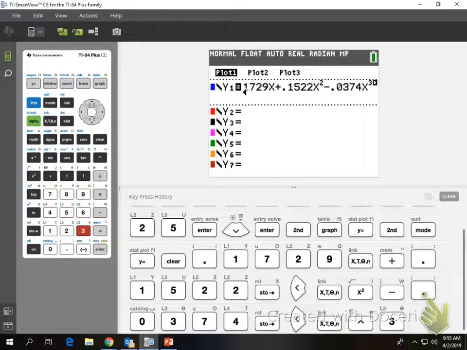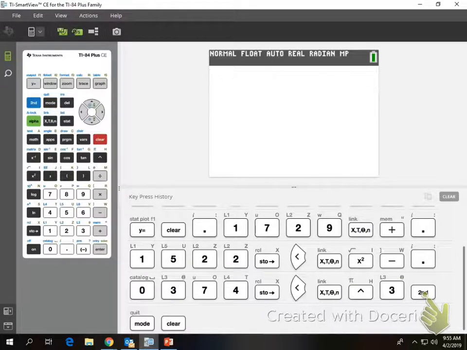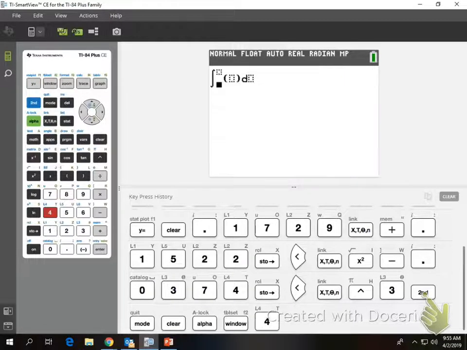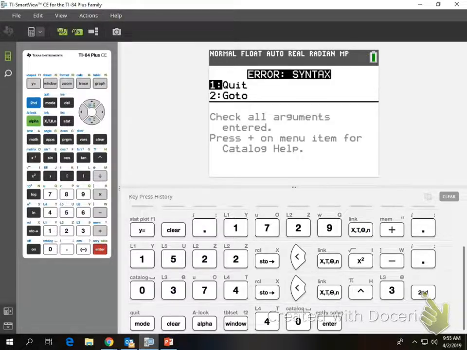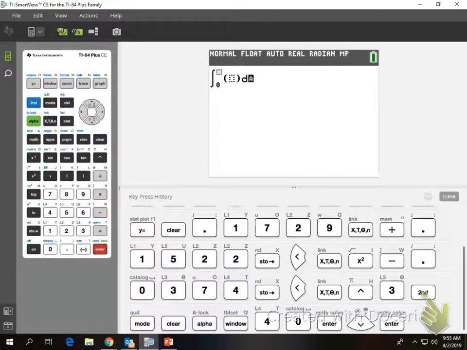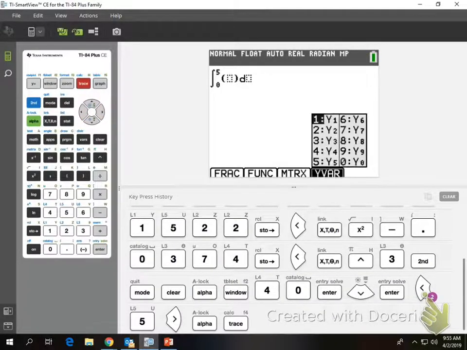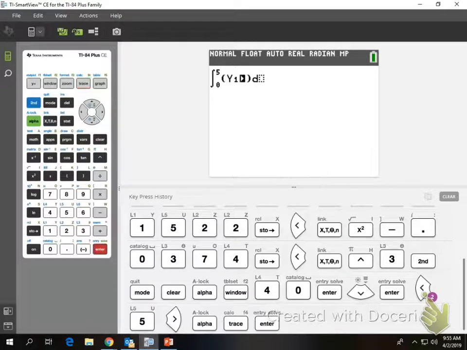That was the function, yes? Then I'm just going to get out, and I'm going to say alpha F2 number 4, from 0 to 5 of alpha f4, that function I just typed in, d of x.